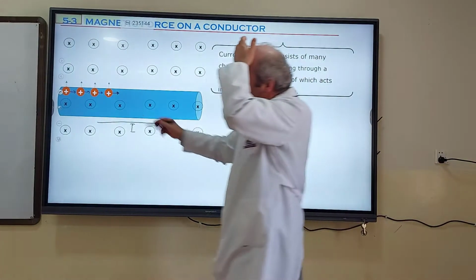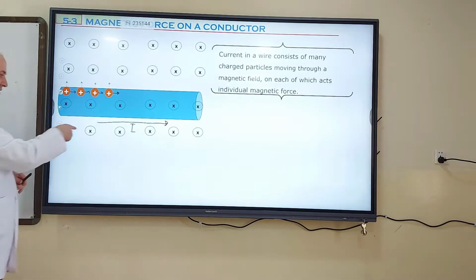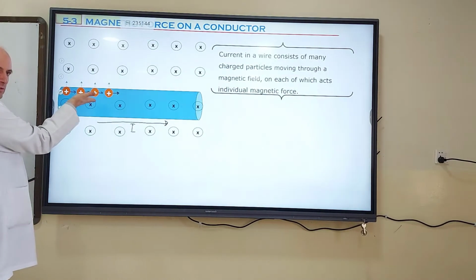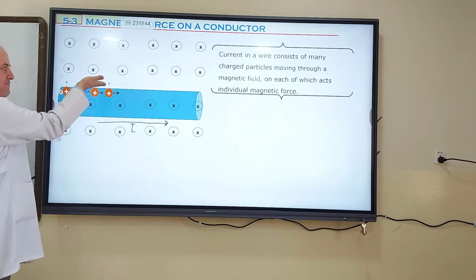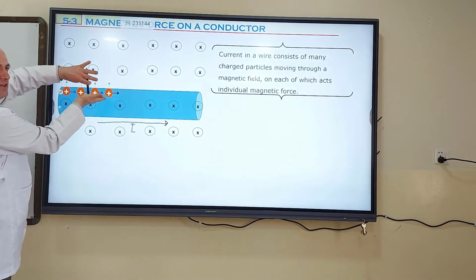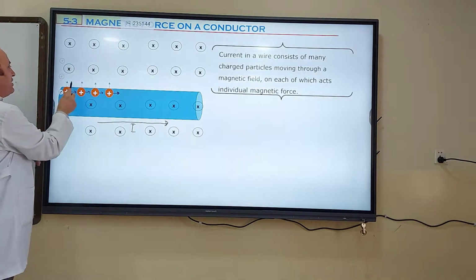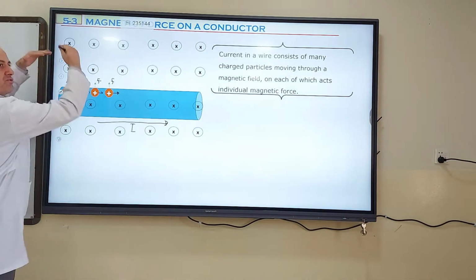Okay, so now let's find the magnetic force acting on this charge inside this magnetic field. The magnetic field is a cross, which is into the page. So forefinger into the page, thumb from left to right. Yes, the force acting on positive charges is upward on the board. Each charge experiences a small force in this direction.